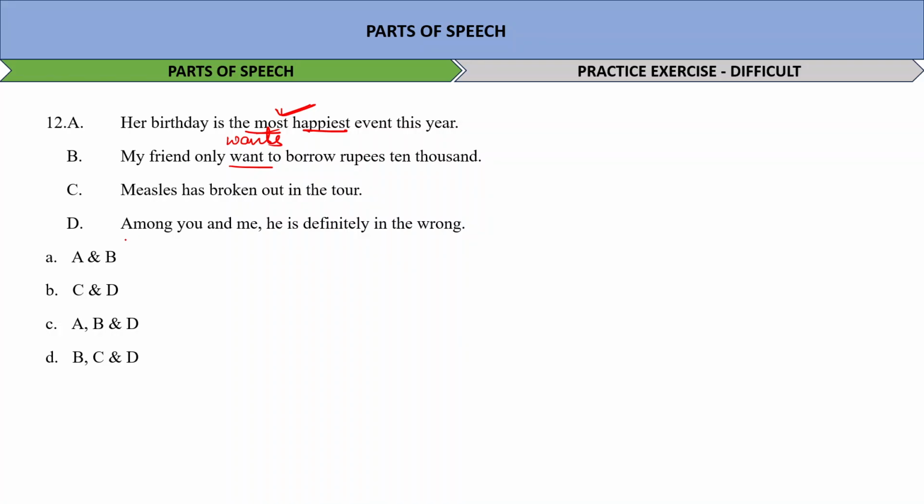Among is used for more than two persons. For two persons, you can definitely use between you and me, he is definitely in the wrong. So sentences A, B and D have errors. A, B, D is option number C.